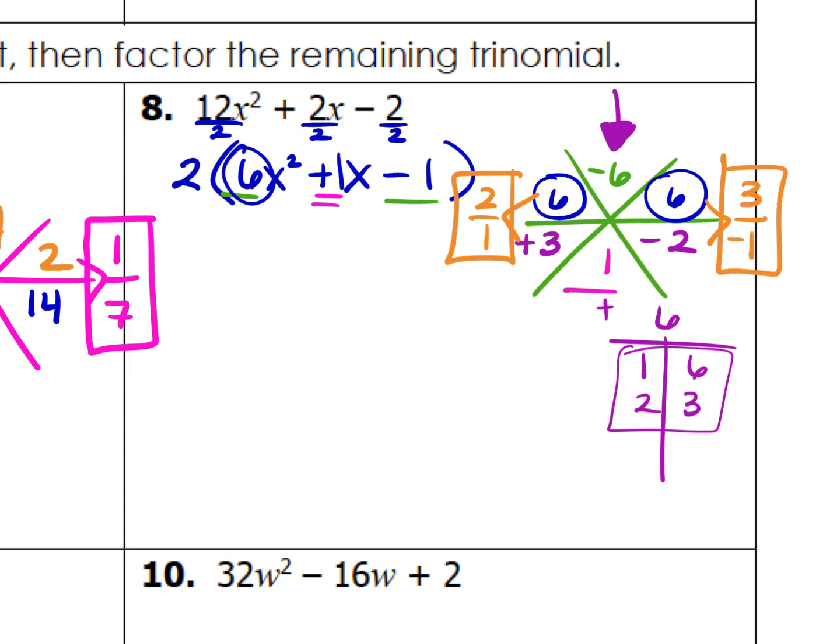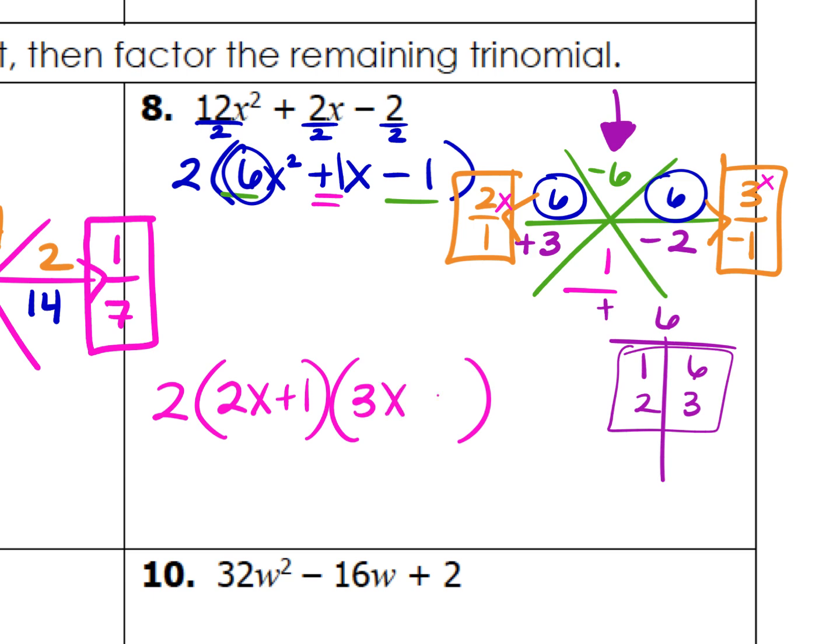I didn't rewrite my final answer. Don't forget your 2 out in front. So it's going to look like this. What do you put in that first slot then? 2x, right? Attach your x to that top number. So 2x plus 1 and 3x minus 1.